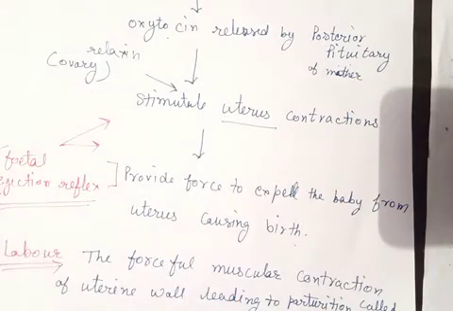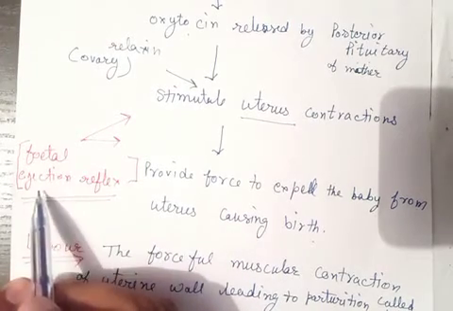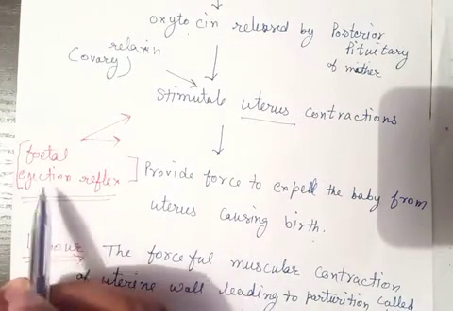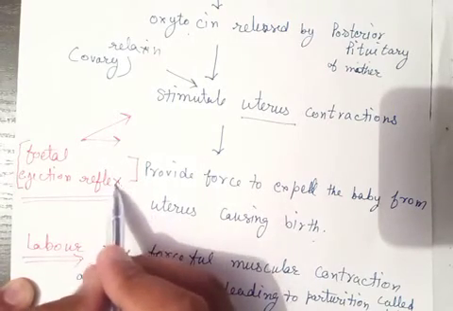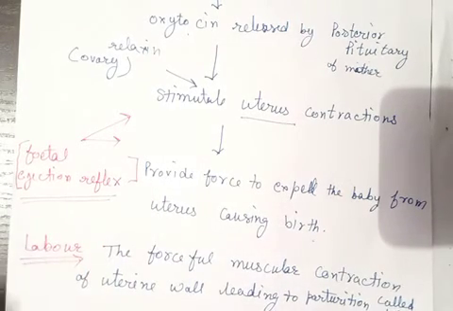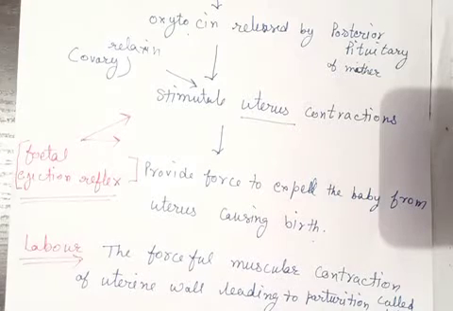The forceful expulsion of the baby from the uterus causing birth is known as the fetal ejection reflex. Ejection means to pass outside, reflex means an action in response, and the fetus stimulating the ejection of itself is known as the fetal ejection reflex. In this, the fetus releases some hormones which pass into the maternal blood.